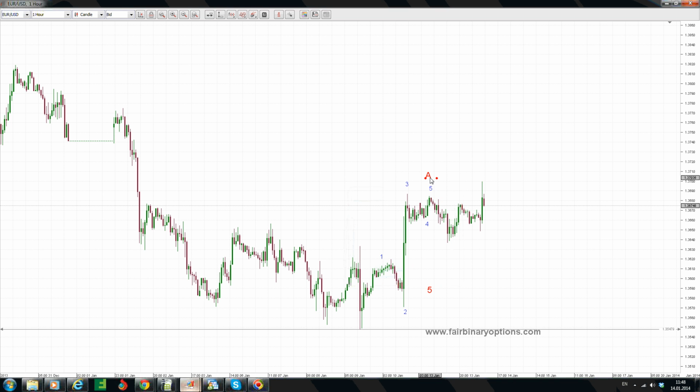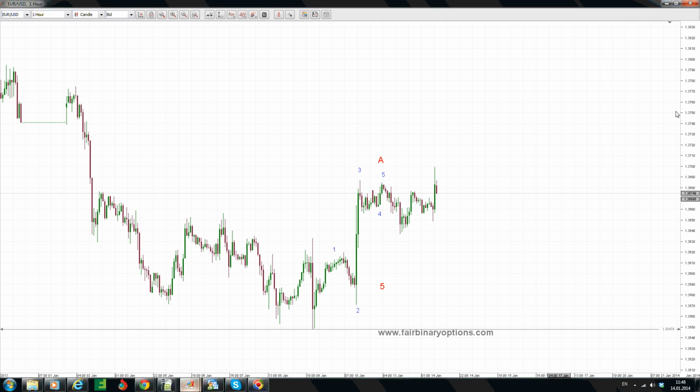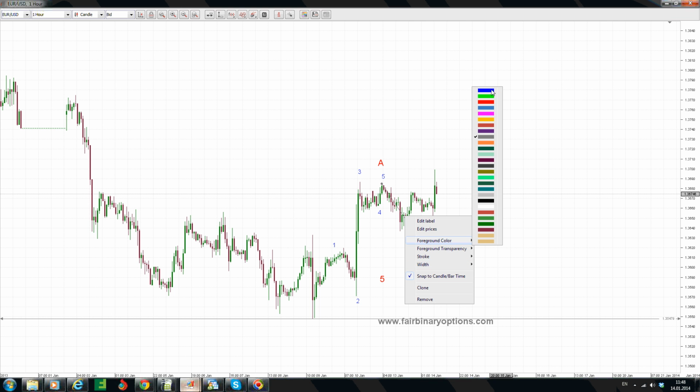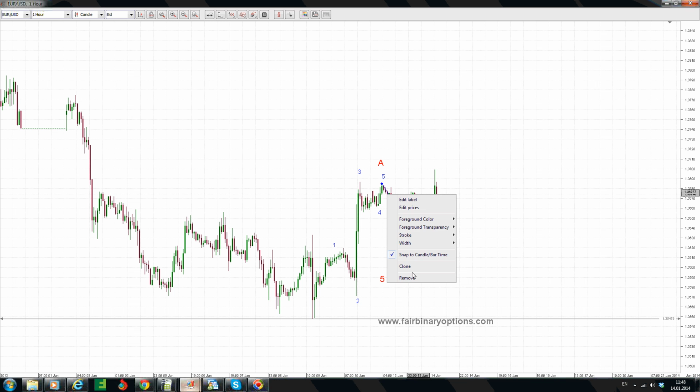Now we are looking for a B wave. I would say that it is possible to have a contracting triangle that should go something like this. This to be wave A. Let me make it blue. Then of course the B wave to the upside. Then the C wave like this.